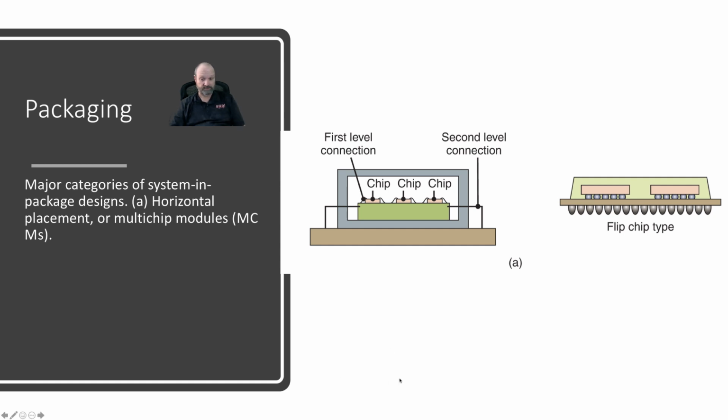All right, here are some more cartoons of different types of packaging. If you're interested in packaging, that's a great field to go into. There's not a lot of university level research in packaging. Some professors think it's boring, but that's where the money is.